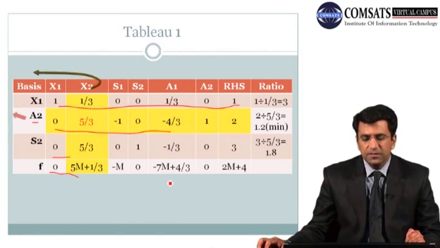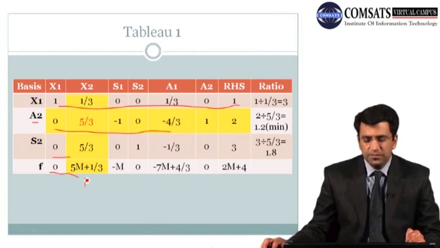For this particular objective, again we'll have to identify the pivot row and the pivot column, and again the pivot number as well. As you can see, the highest positive value, actually the only positive value, is 5M plus 1 by 3.